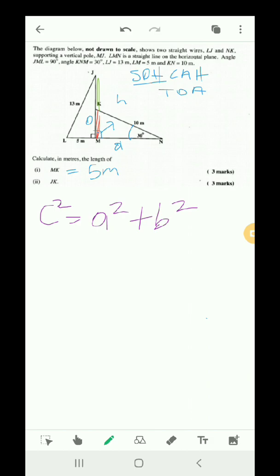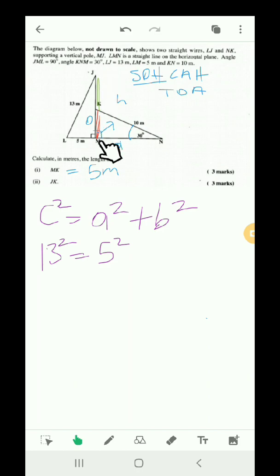Alright. C squared in this case is the hypotenuse, and it's 13 meters, so we'll say 13 squared is equal to a squared, which is 5 meters, so we'll say 5 squared plus b squared. B squared is the side we want to find right now.